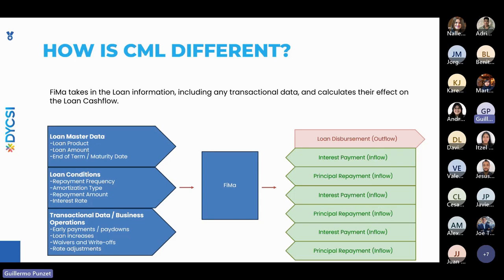So that means that there is not a fixed understanding of a loan, like a repayment schedule that is saved upon creating a loan, but there is this dynamic calculation of the loan based on its conditions and its transactional data, and FEMA will calculate over time its effects on the cash flow, and it will calculate all the possible money flows, like outflows, which might be loan disbursements, which might be any other type of outflow, and money coming in, whether it is interest or principal or fees or anything else. This actually makes it really, really flexible.